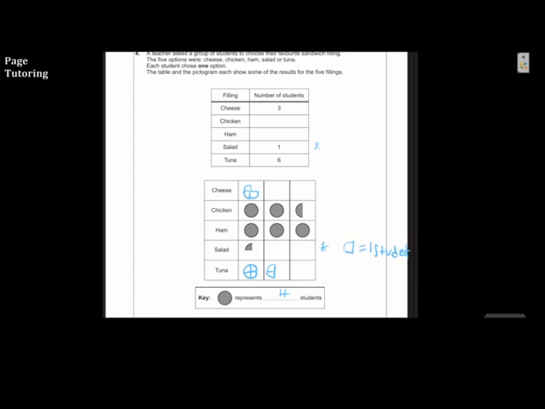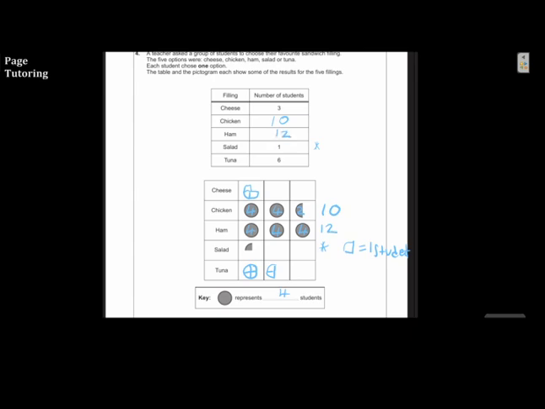Now looking at our pictogram for chicken, we've got 2 full circles and a half circle. So that means we've got 4 students here, 4 students here, 2 students here. So in total, we've got 10 students. We can write that in our table. For ham, we've got 3 full circles. So that's 4, 4, and 4. So 12 students in total.